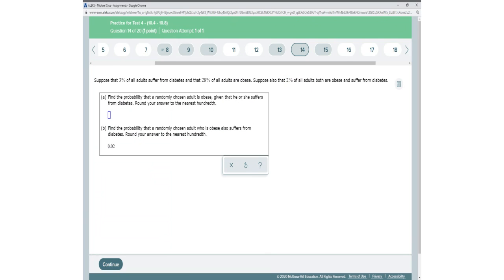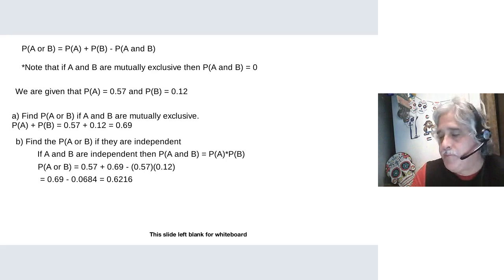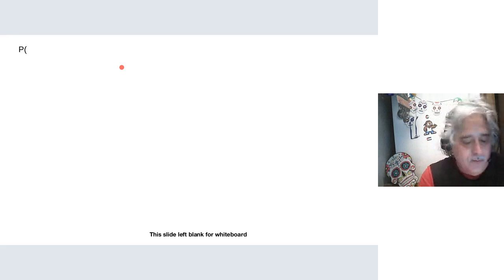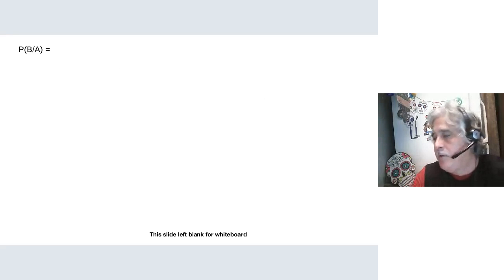Now, let me go back to the board here. Just remember, this is the old formula for conditional probability. I'll handwrite it out, and then we'll change it to reflect our situation.